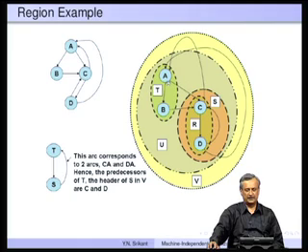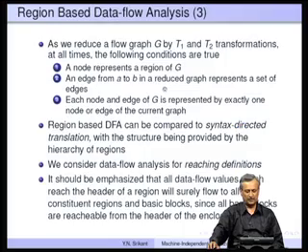The header of any region can reach any node in that region. So, if some information reaches the header of a particular node or region, then it will definitely flow to every node in that region, the smallest node as well. Okay. So, that is what we say here.